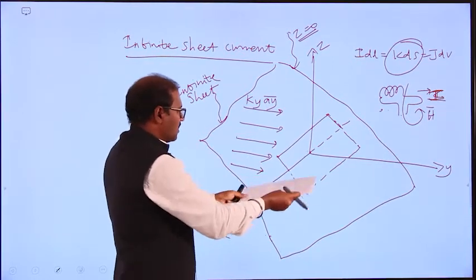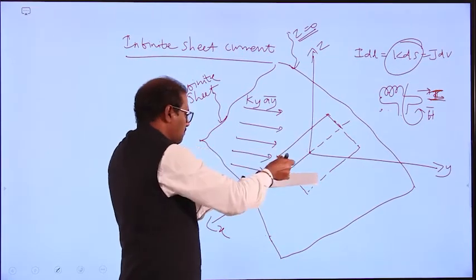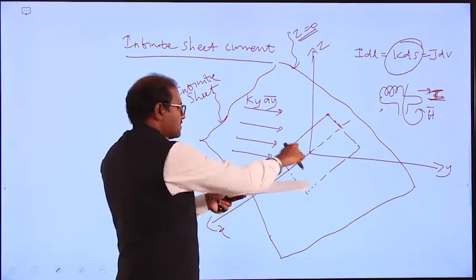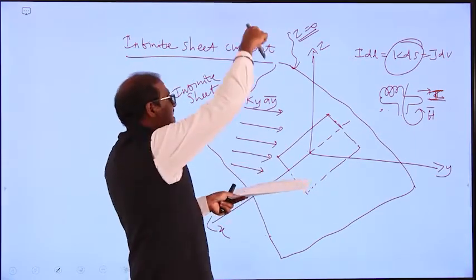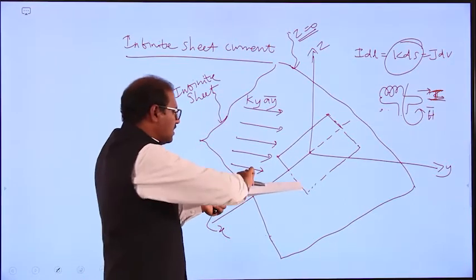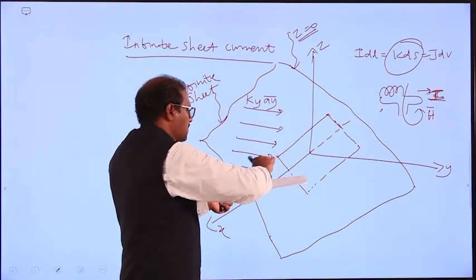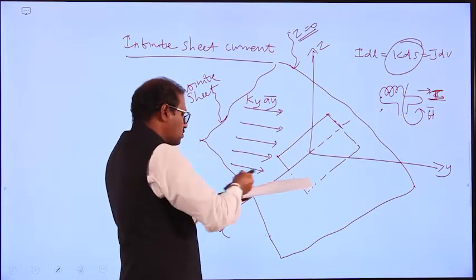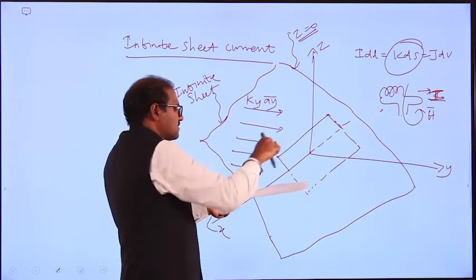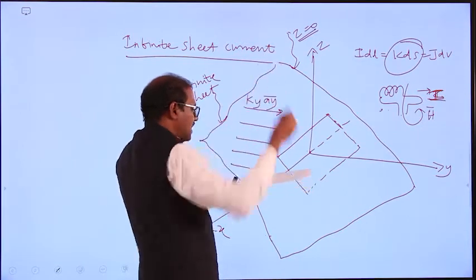Again, this is plus y, minus y, plus x, minus x, plus z, and then minus z.